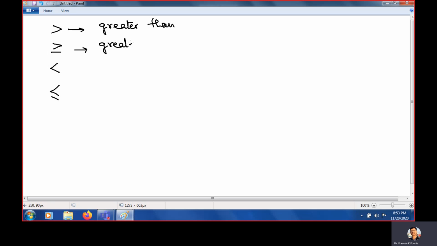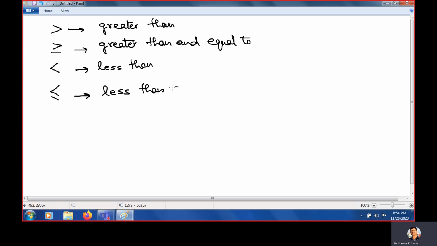Greater than and equal to. What is this? Less than. And this is less than and equal to. Clear?